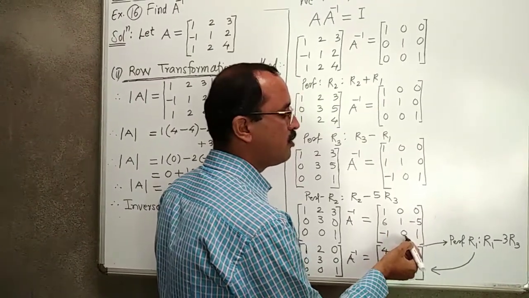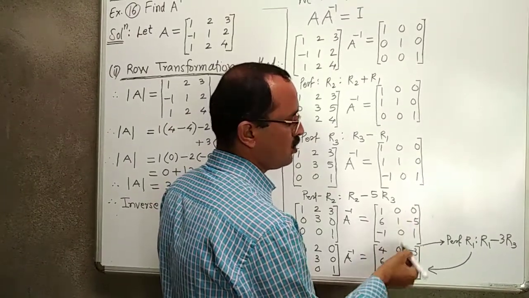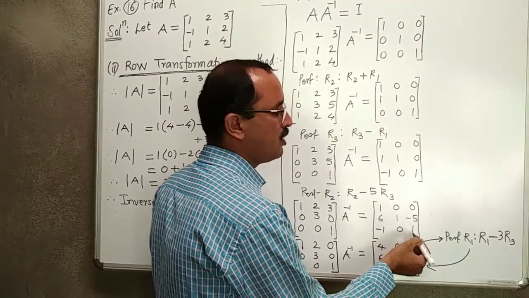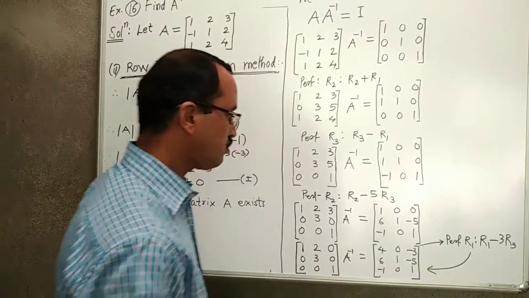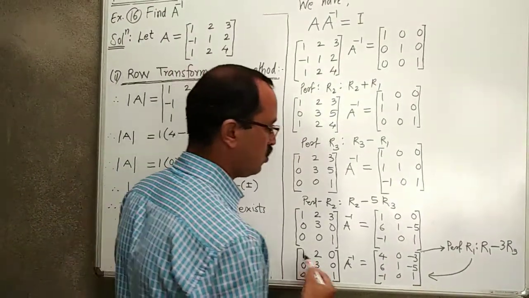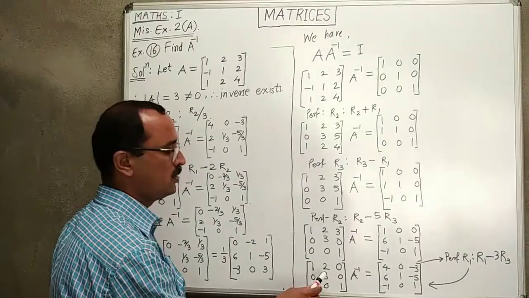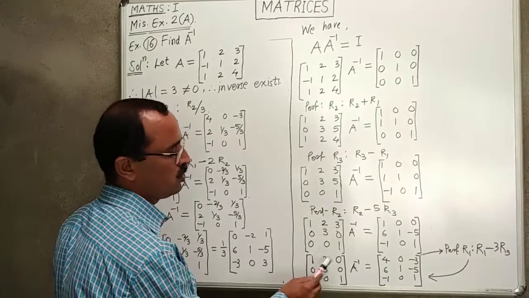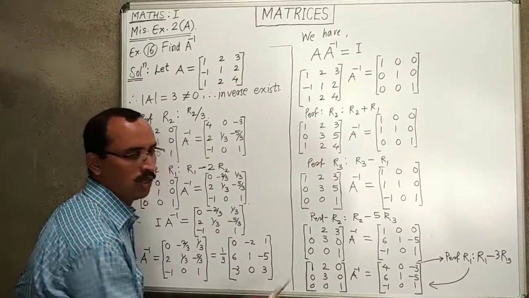Now this 0 is multiplied by 3, so we get 0. 0 minus 0 is 0. Here 1 is multiplied by 3, so here 3. 0 minus 3 is minus 3. So here we change row R1. Now before we convert this 2 into 0, first of all I convert here 3 into 1.